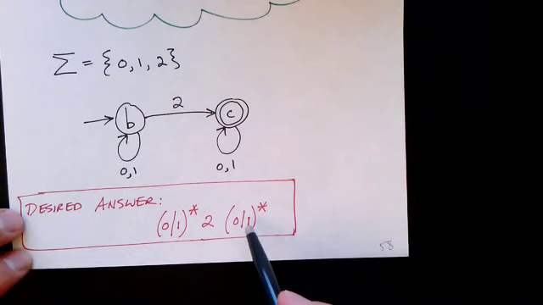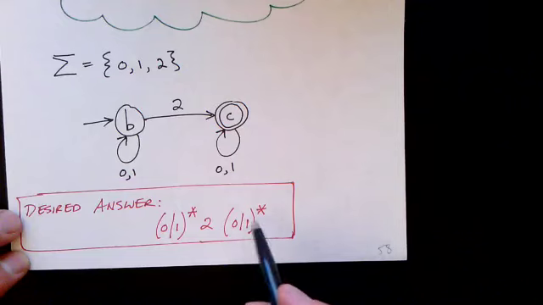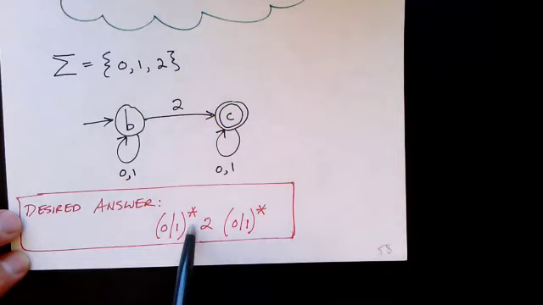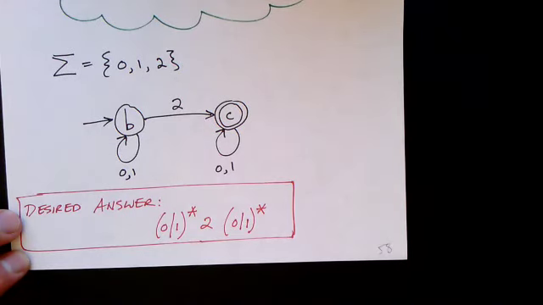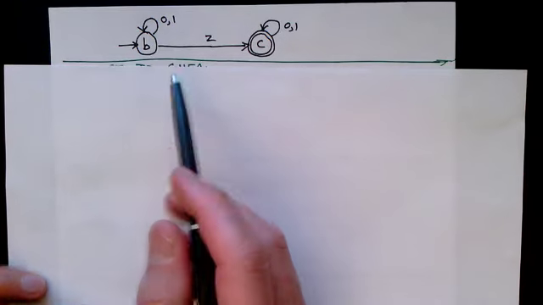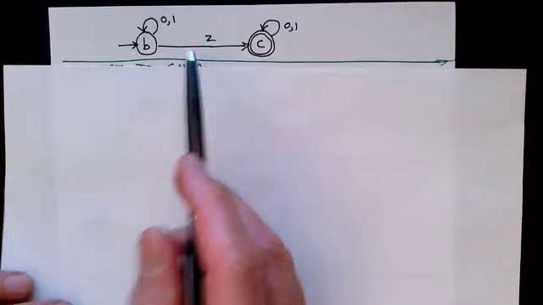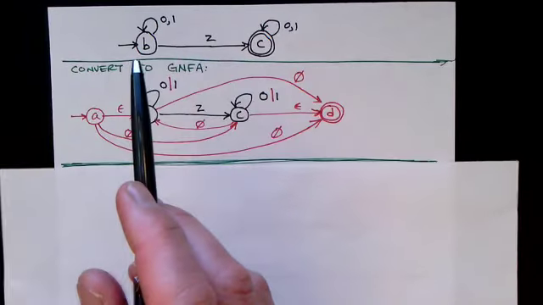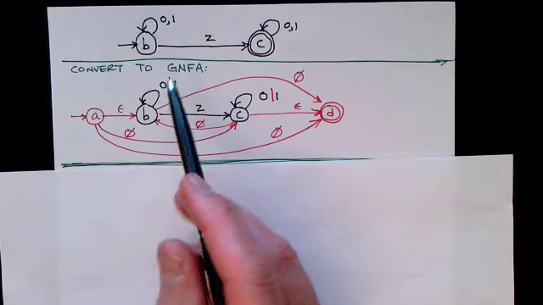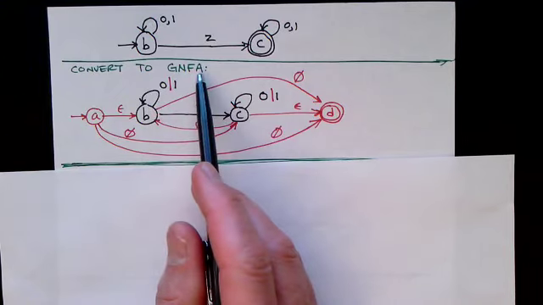Now let's look at how we can use our algorithm to derive this regular expression from this machine. We begin with our deterministic finite-state machine to describe the regular language here. And the first thing we do is we convert it into a generalized non-deterministic finite automaton.